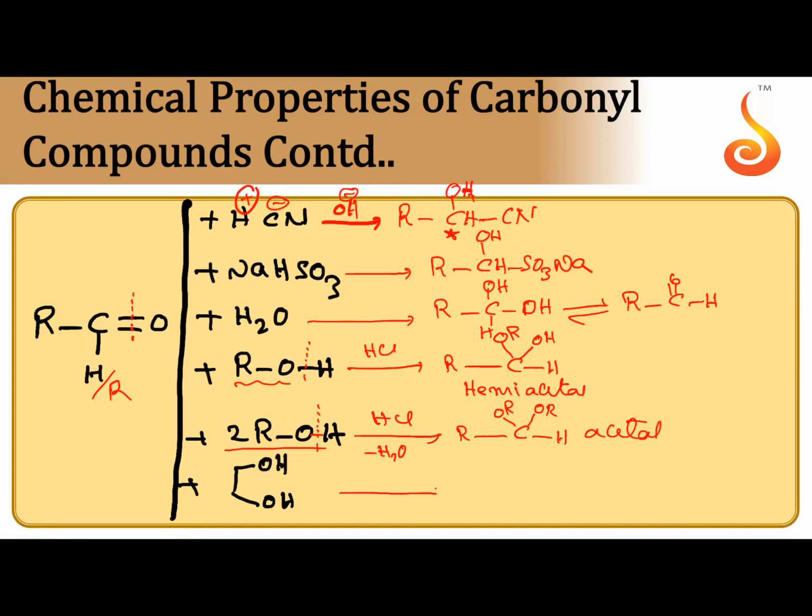So instead of 2 moles of alcohol, 1 mole only, but ethylene glycol, which contains 2 OH groups, is added at C=O, we can get a cyclic product, RCH, in place of 2 bonds. Ethylene glycol is attached in this way. This is a cyclic acetal.